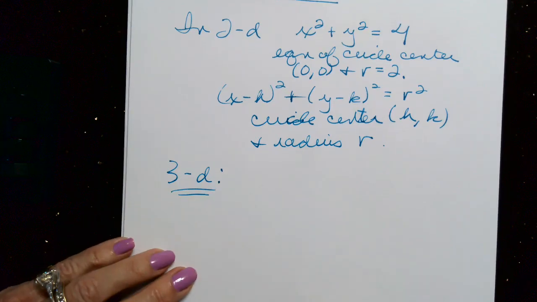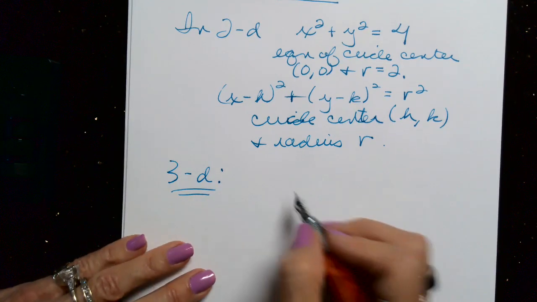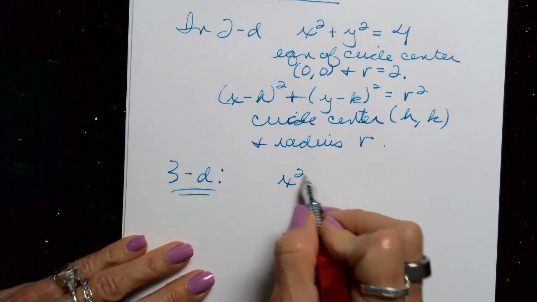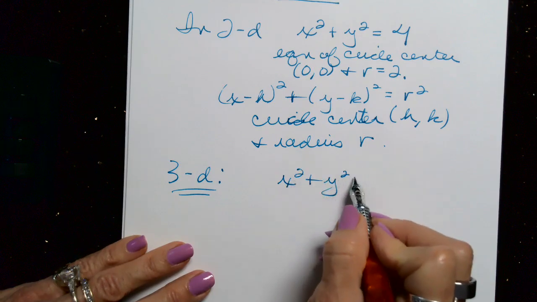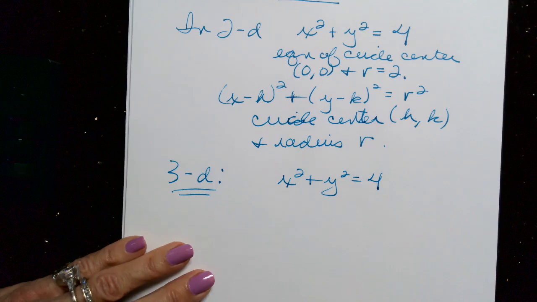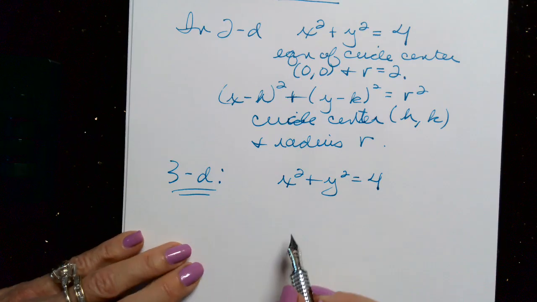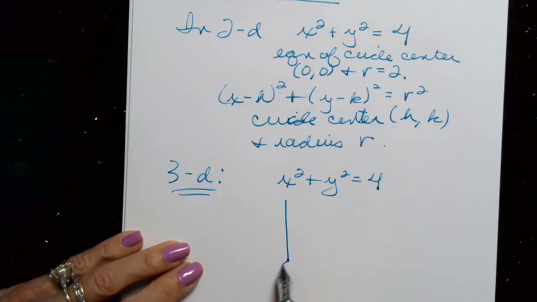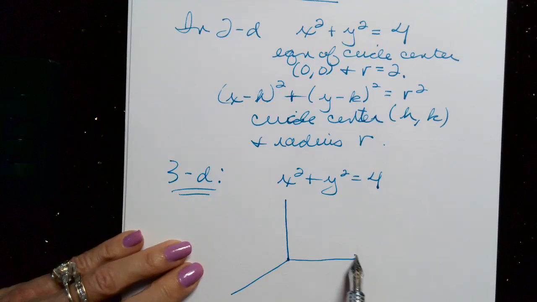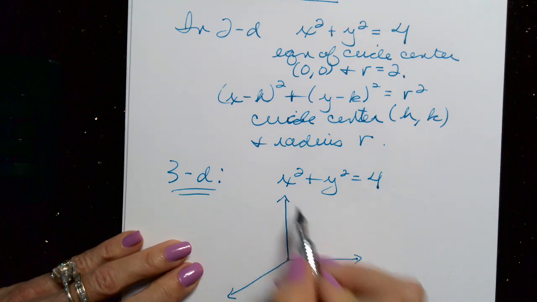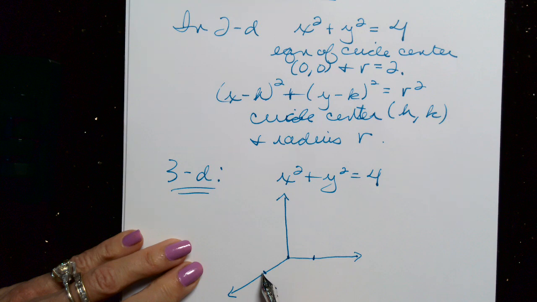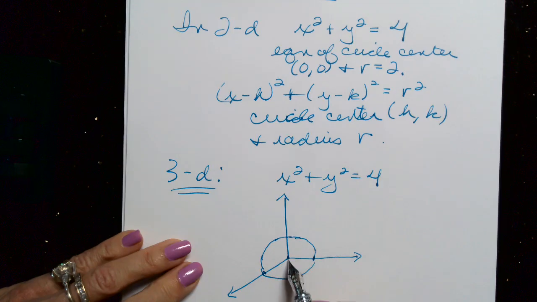Okay, so now let's look at the equation I wrote down a minute ago. Suppose I do x squared plus y squared is equal to 4. So that's the equation of a circle in the xy plane. So let me draw the equation of a circle in the xy plane. Okay.